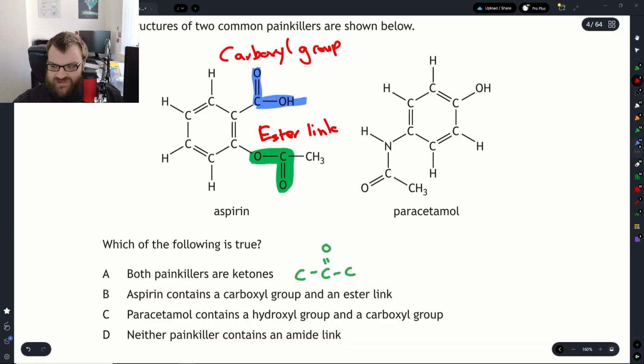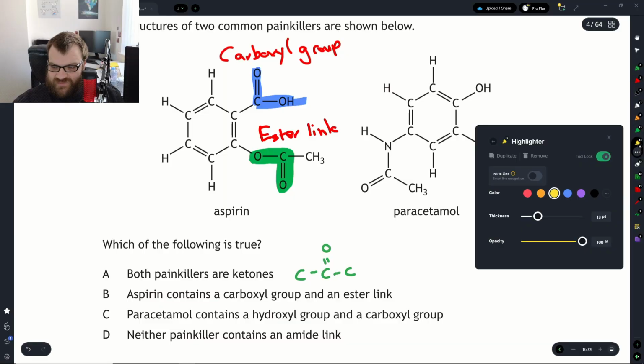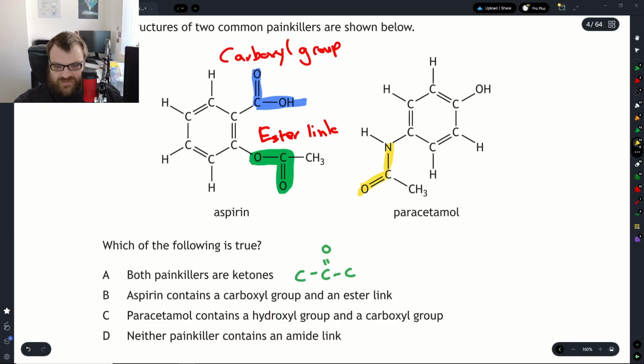We then have, again, a C double bond O, but this time it's part of an amide or peptide link. So just because it's got a C double bond O doesn't mean it necessarily has to be a ketone or indeed an aldehyde. That means that A is incorrect.